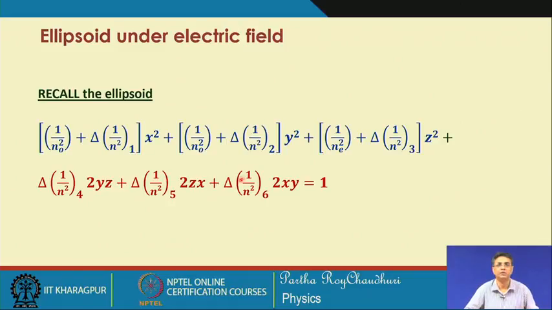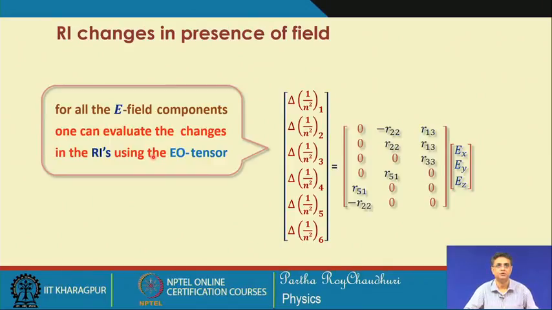Now, we will see, depending on the applied voltage, how these electro-optic impermeability changes come into the equation, and which of the elements come into the equation. If I look at this equation, we are considering all the 3 fields Ex, Ey and Ez, acting in mutually perpendicular directions.